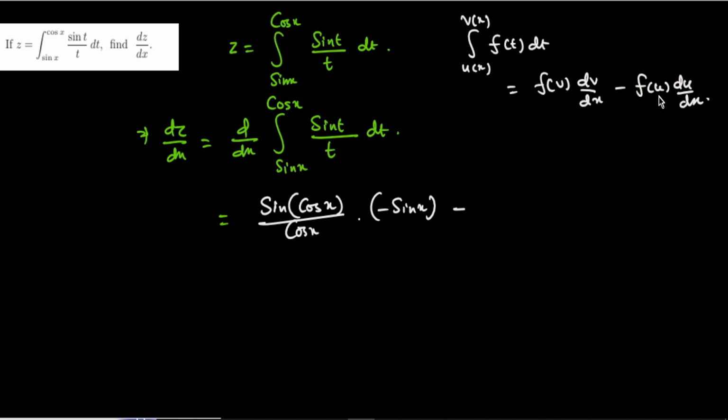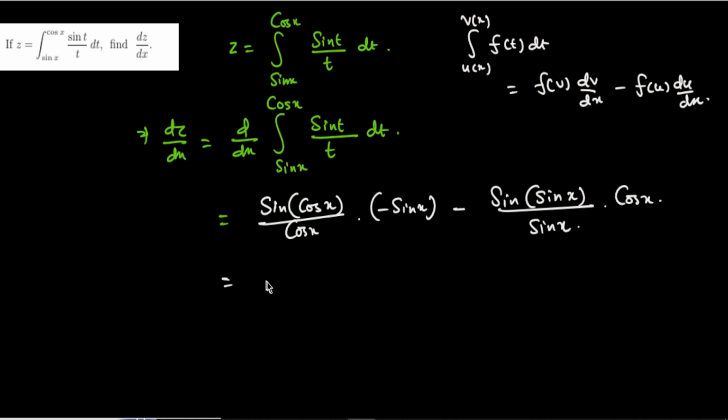Minus f of u means sin, and in the replacement of t we write sin x, so sin x by sin x, times du by dx, the differentiation of sin x, which gives us cos x.